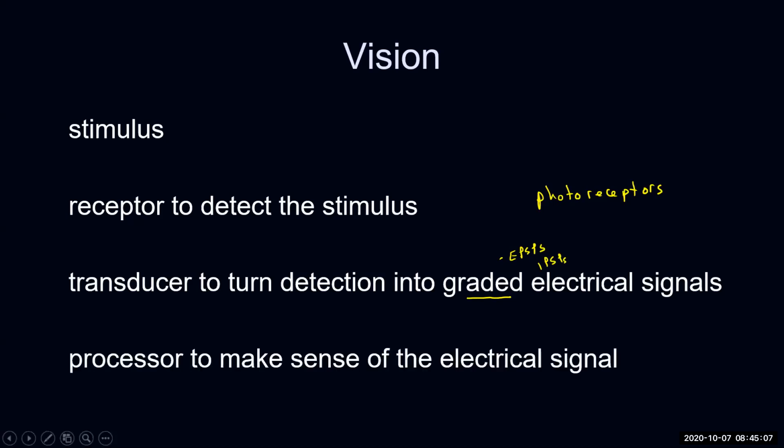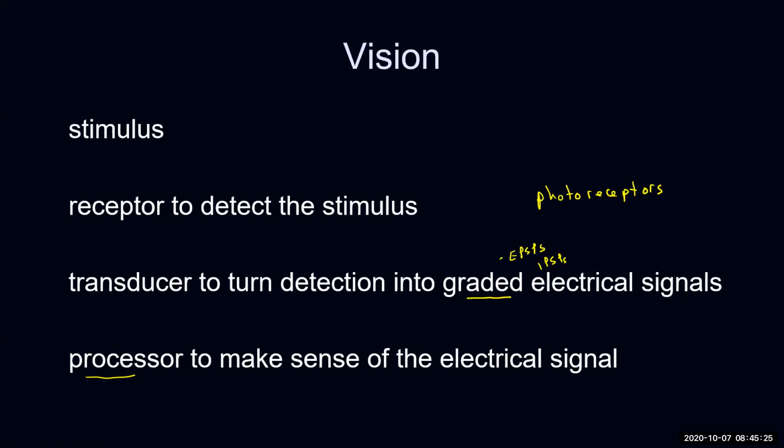And then we need a processor to make sense of the electrical signal. So these graded electrical signals will get converted into action potentials. Those action potentials will then get to our processor.